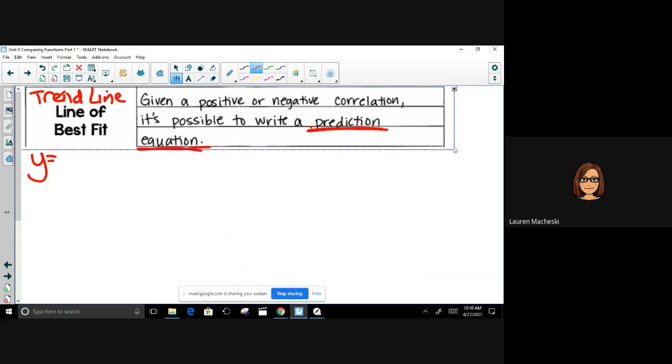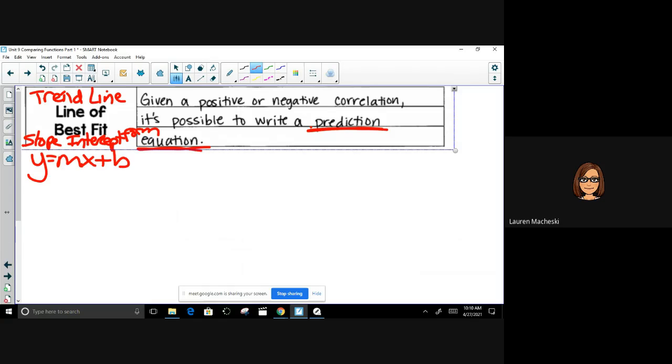Caden's looking on the walls. It's slope-intercept form. The equation for a line is in slope-intercept form. So slope-intercept form, since Caden found it, what is it? Y equals mx plus b.